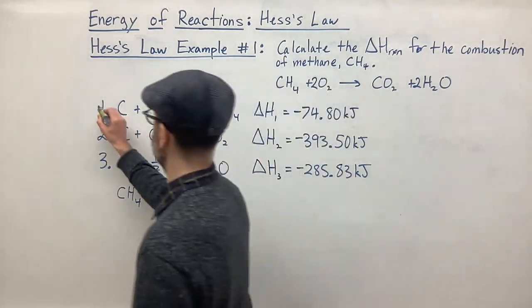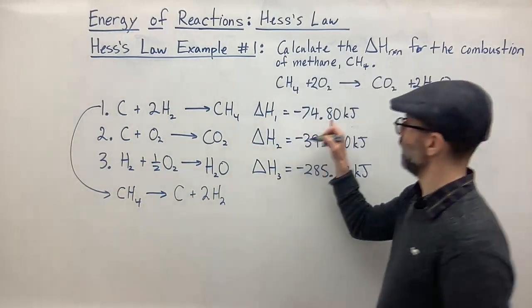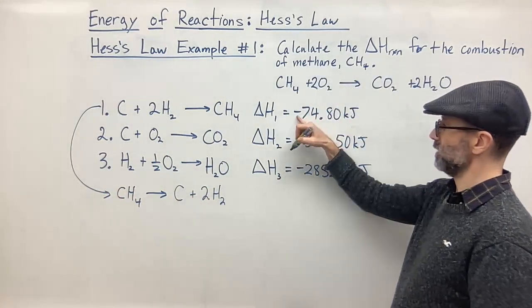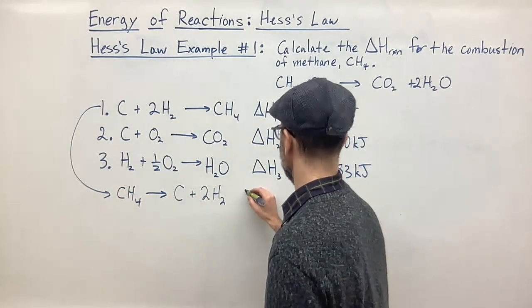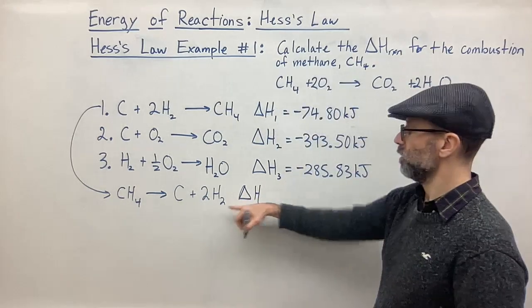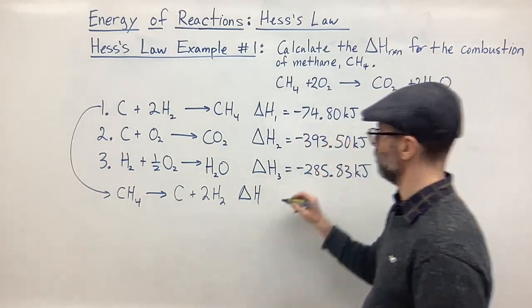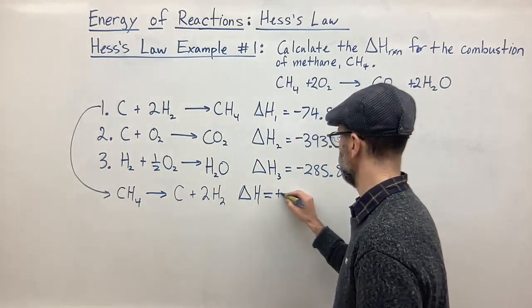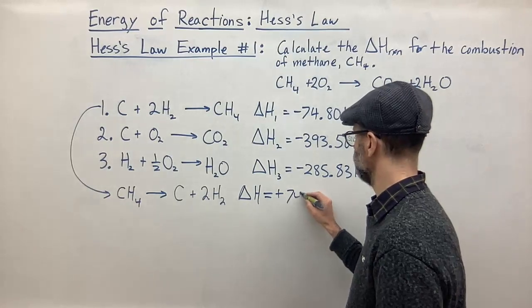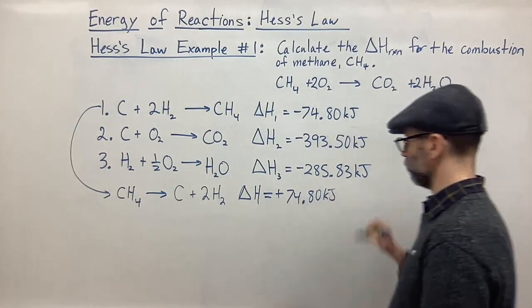So we reversed the reaction. That means we're going to have to take the opposite sign of this. So it's negative, so we're going to have to make that positive. So the delta H of this new reaction is going to be the positive of this. So this is going to be equal to a positive 74.80 kilojoules.